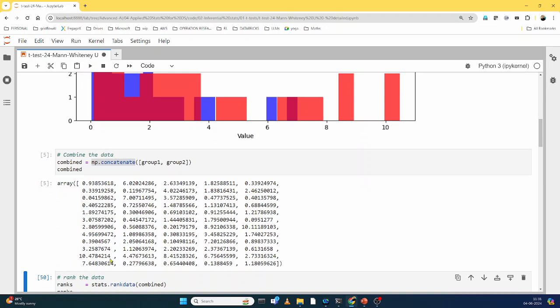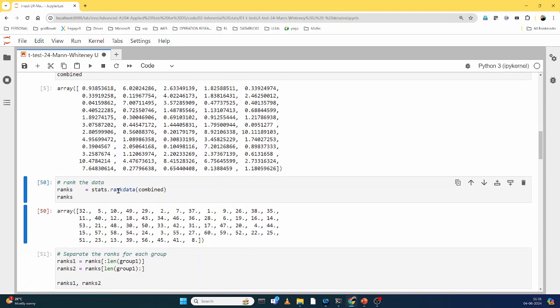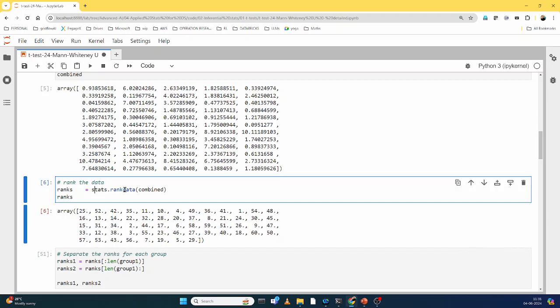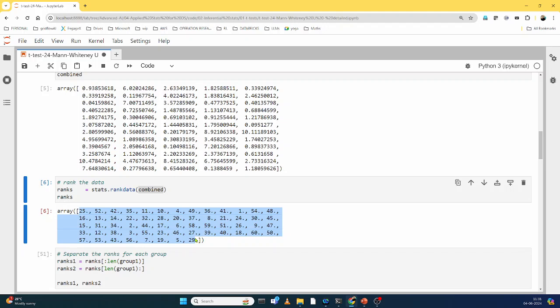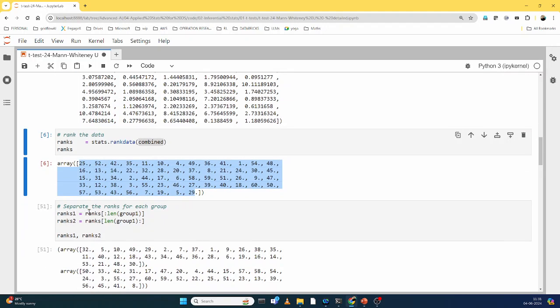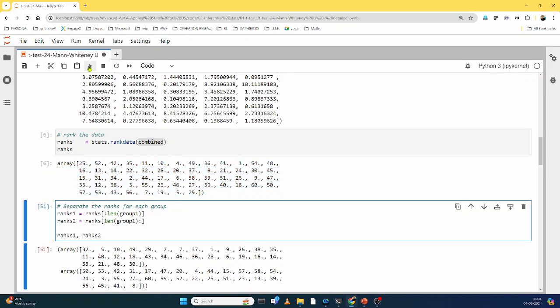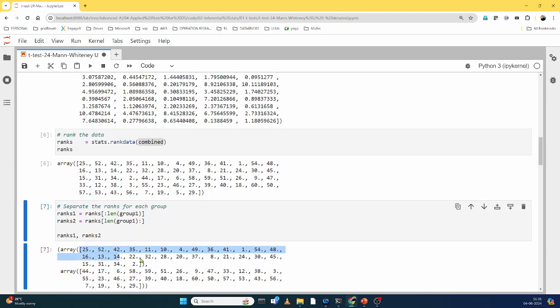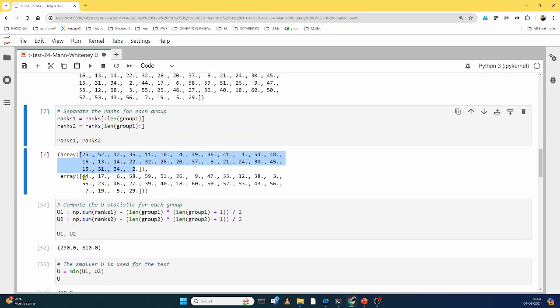So the first step is to concatenate group 1 and group 2. Then we rank the data based on the values using a stats package, which takes the series and ranks the values. Now we also create rank 1 and rank 2 for group 1 and group 2. Those are the ranks for the data in the individual sample groups.